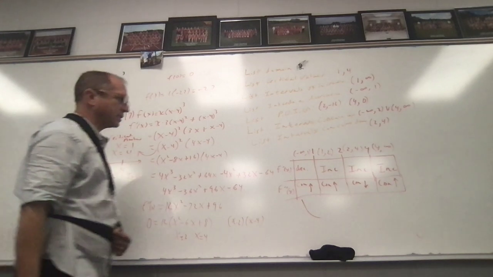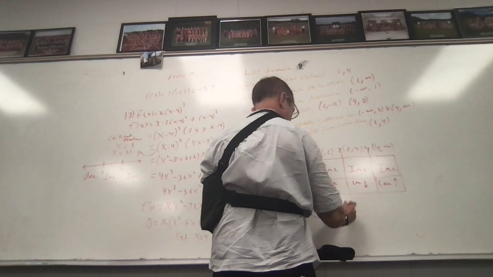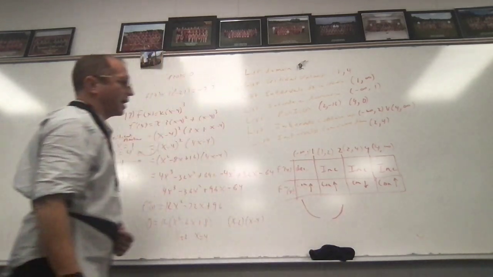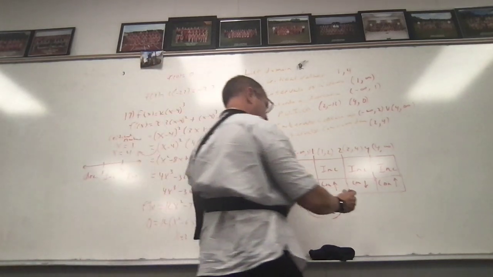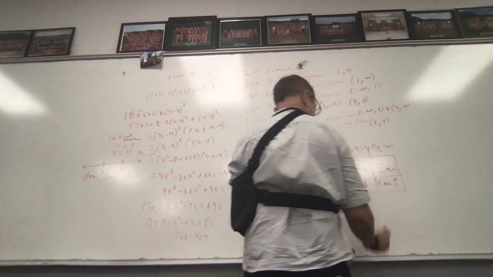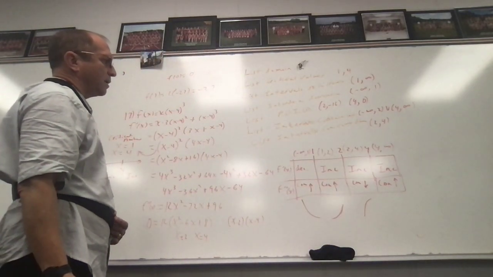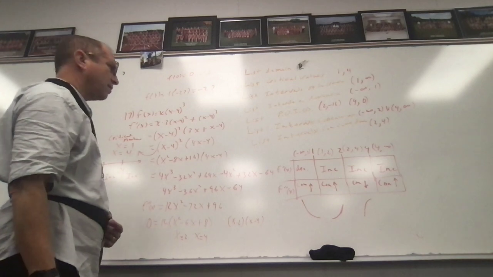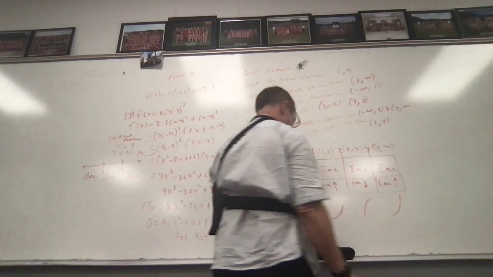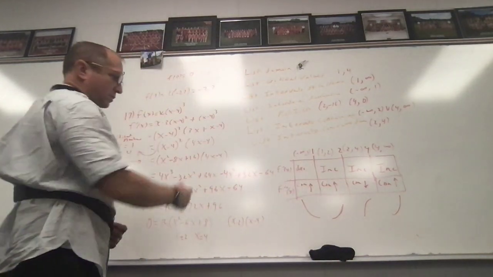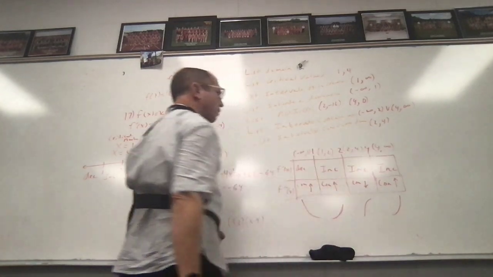If I'm increasing and concave up, then that's going to take on some form of shape like this. If I'm increasing and I'm concave down, that's going to take on a shape like this. And then if I am increasing and concave up, that goes back to this shape here. So my graph is going to change shapes at 1, 2, and 4.